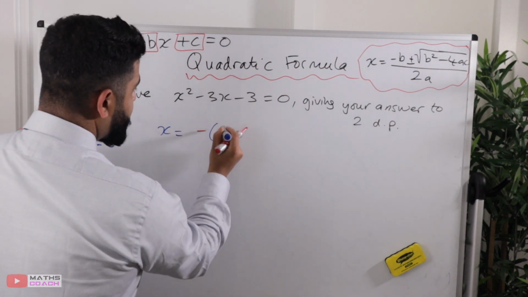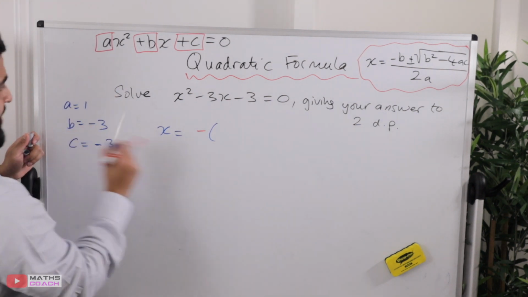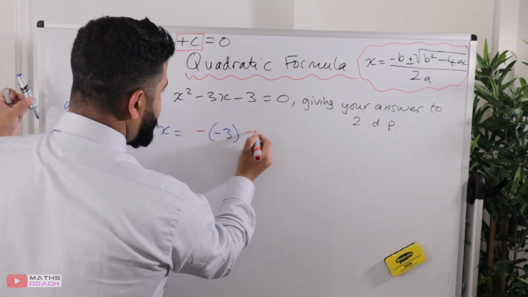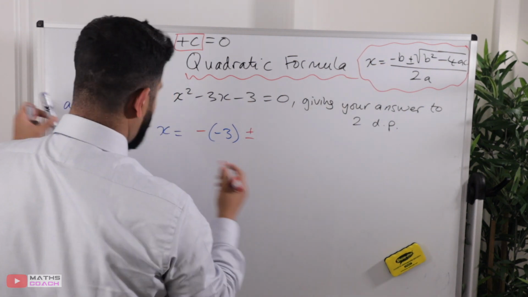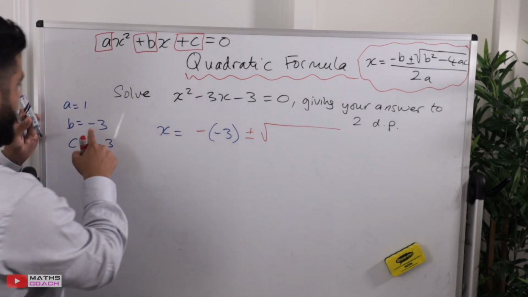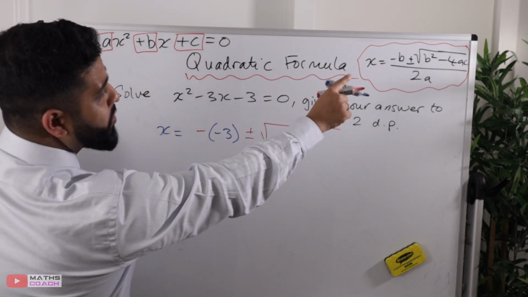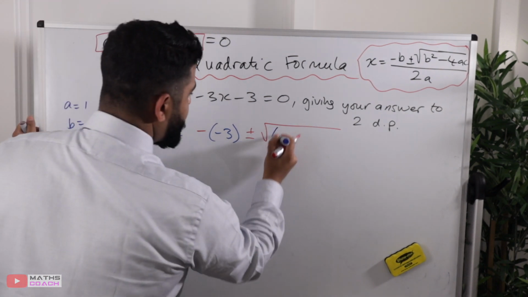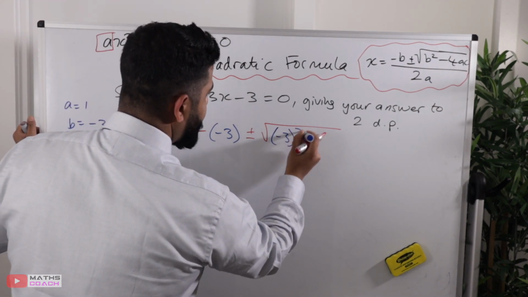Okay, so minus b, so b is minus 3, so minus 3. And then plus and minus is going to be in red because it's part of that. And it's going to be square root. So again, we have b squared minus 4ac. So b is minus 3, which is going to go into a bracket again. So minus 3 squared.